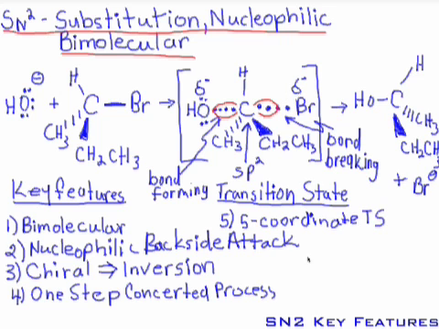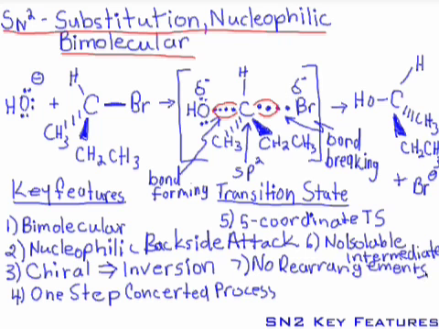So we're going to have to look at that. 6 is there's no isolable intermediates. 7, there are no rearrangements. 8, methyl is faster than primary, which is faster than secondary, which is much faster than tertiary, because tertiary doesn't undergo this reaction mechanism.